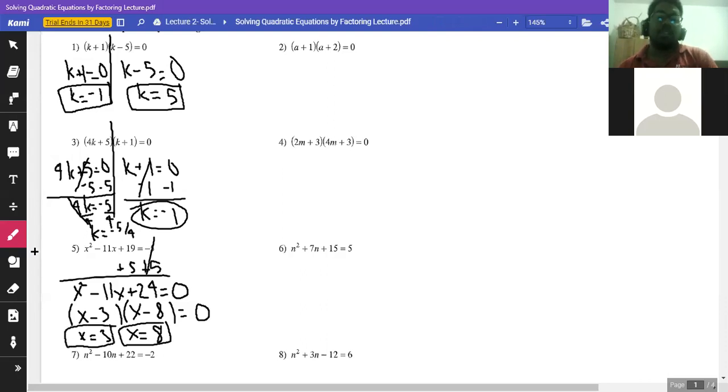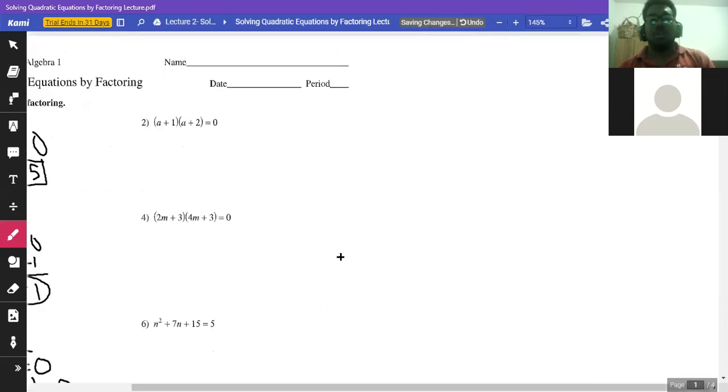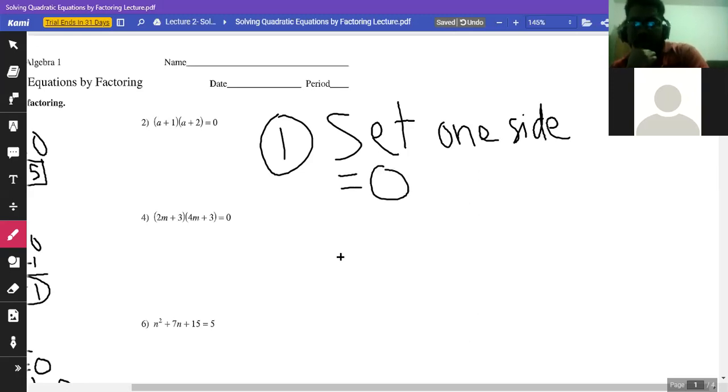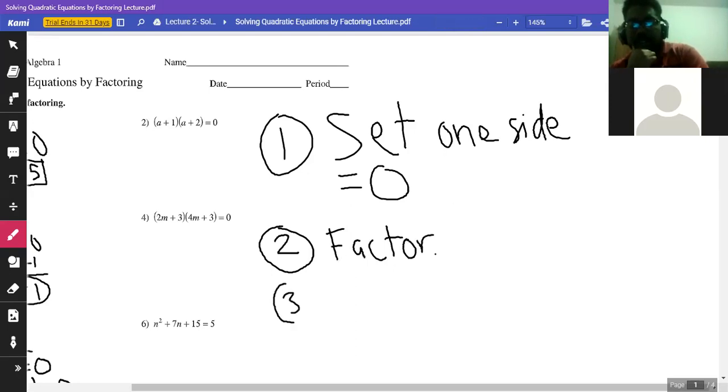So basically, if I had to write steps for this, the first thing we always want to do when we're solving quadratic equations by factoring is we want to set one side equal to 0. And then after I do that, I want to factor. Then I'm going to set each factor equal to 0.